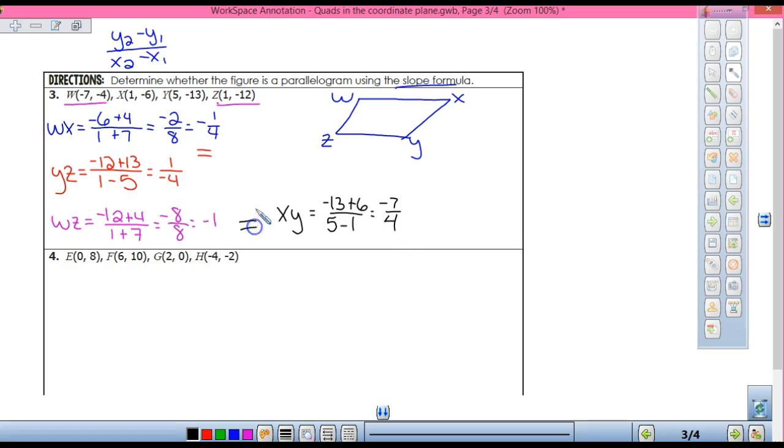No. Those two aren't equal, so WX, YZ is not a parallelogram. Wow, that's not even close. That's not going to work that way. That's not a parallelogram.